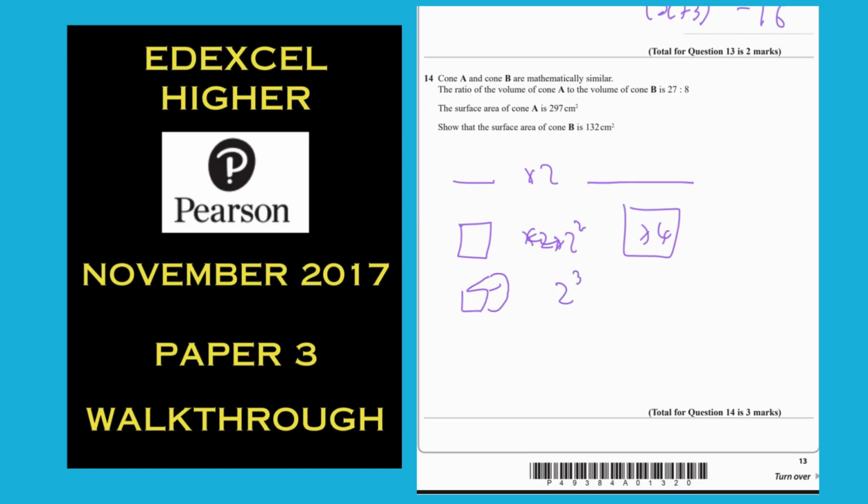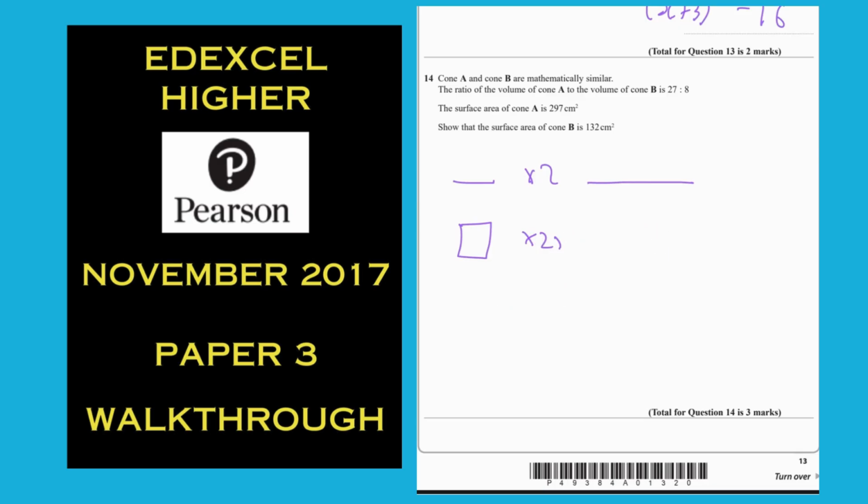And for cubes, same principle, but that's the key. To go from linear scale factor to area scale factor, you square it, and you would cube it, and you would square root and cube root accordingly.